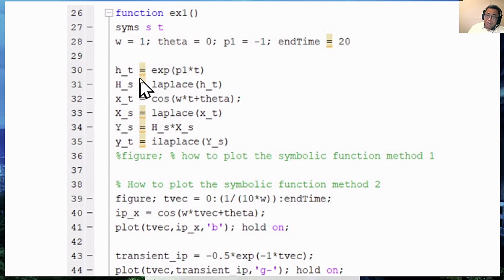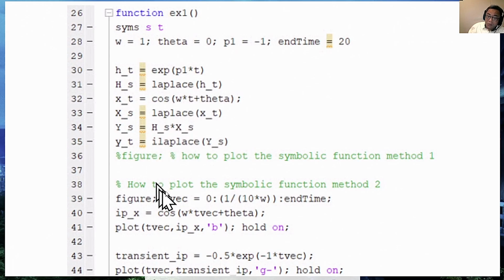So the impulse response is exponential minus 1t. Hs is nothing but the Laplace transform of the impulse response. X of t is cosine 1t plus 0. X of s is the Laplace transform of x of t. Ys equals h of s multiplied by x of s. Y of t is the inverse Laplace transform. And that's it. Within these 6 lines, we have finished the whole thing.